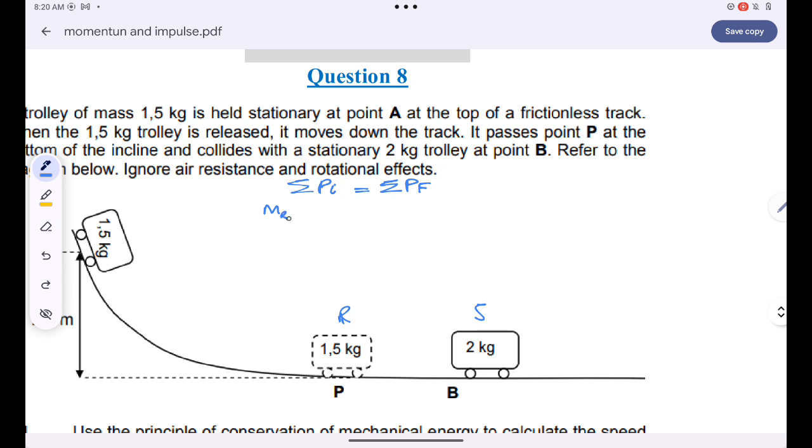The mass of trolley R multiplied by the velocity of trolley R initial plus the mass of trolley S multiplied by the velocity of trolley S initial. This is equal to, remember that after collision they move as one unit because they are combined. So we just add their masses, mass of trolley R plus that of trolley S, multiplied by their velocity when they move as a unit. We are basically looking for this guy over here.